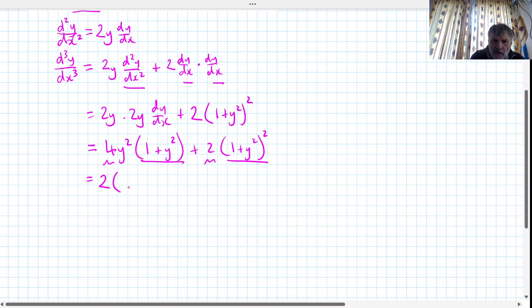So we can take a common factor of 2 times 1 plus y squared out. We're going to be left with 2y squared here, and over here we've taken out 2 and 1 plus y squared, there's another 1 plus y squared.